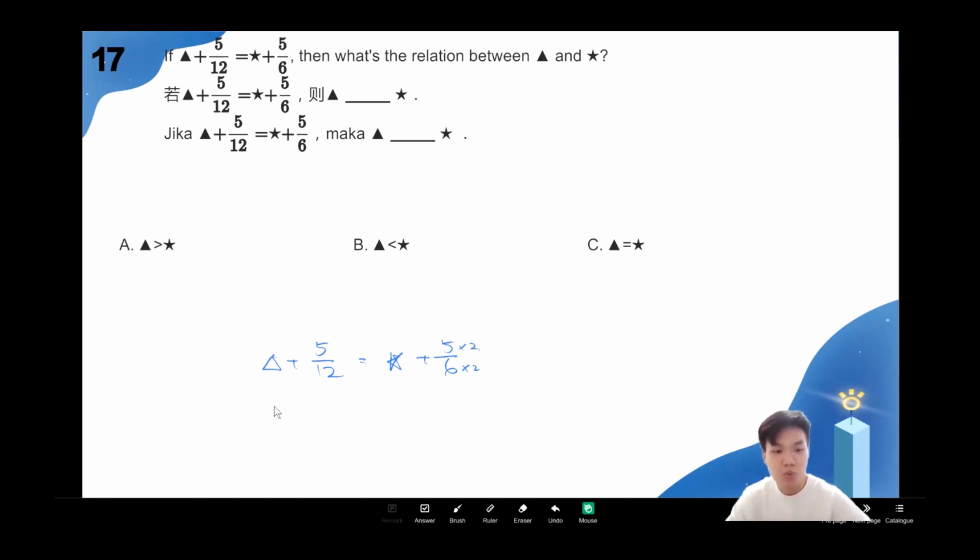And then we will get triangle plus 5 over 12 equals star plus 10 over 12. We could compare that 5 over 12 from the left-hand side has increased to 10 over 12. The left-hand side is less than the right-hand side. In order for it to be equal, triangle must be bigger than star. The answer is A.